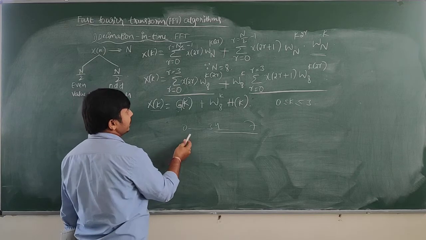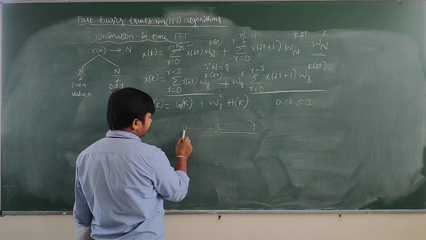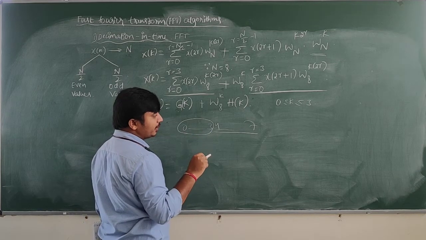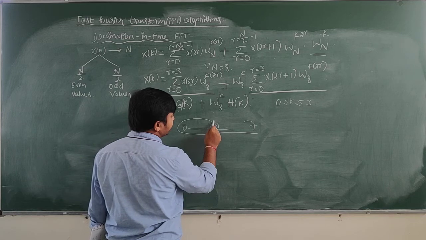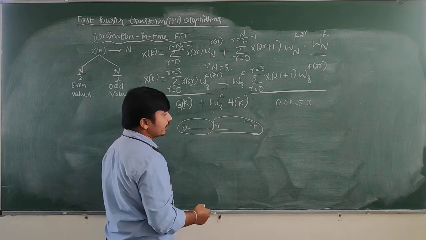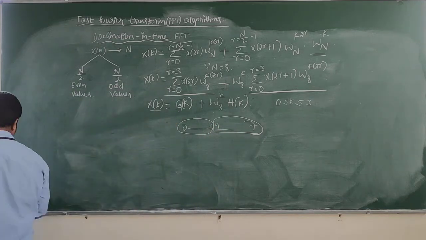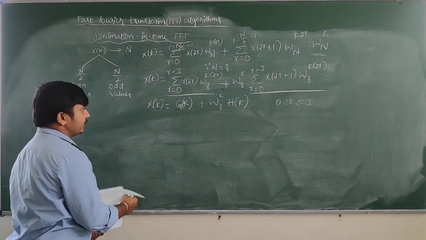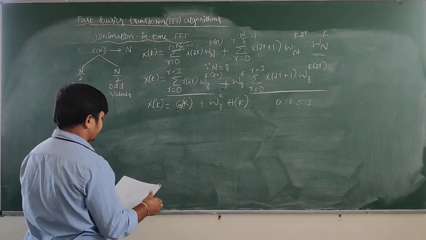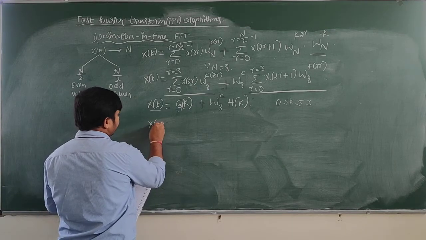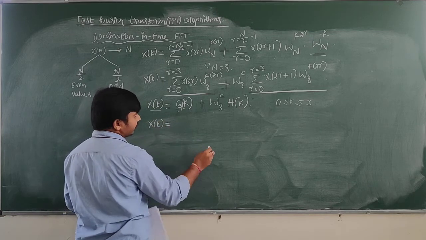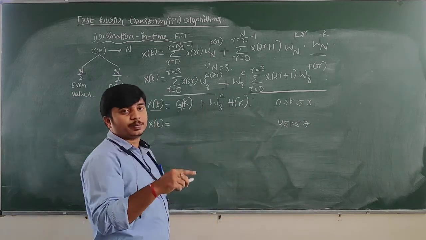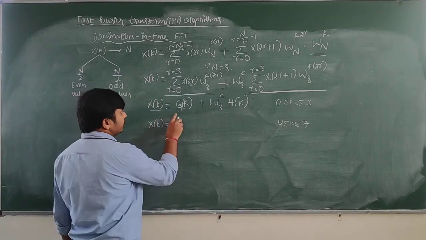Presently I have the equation for the sequence 0 to 3. But I am computing it for an 8-point DFT, and I need another equation for 4 to 7. So I will take one more equation for k varying from 4 to 7, and then our 8-point DFT will be complete.